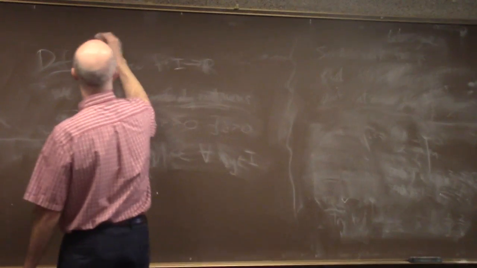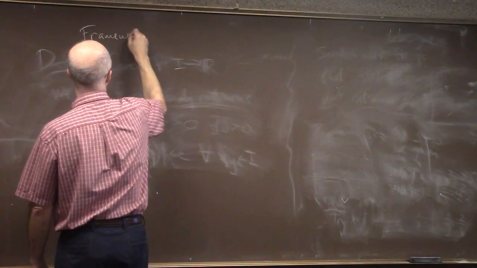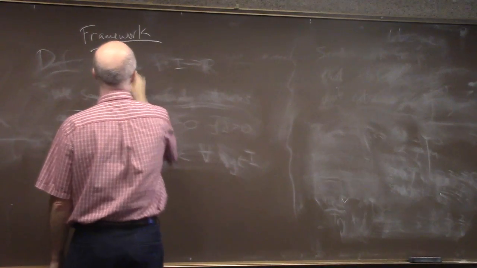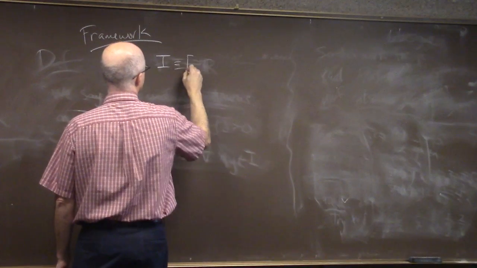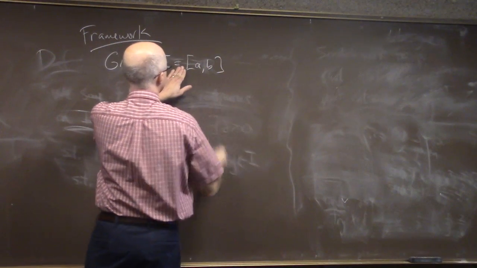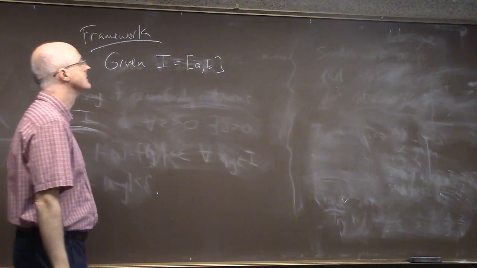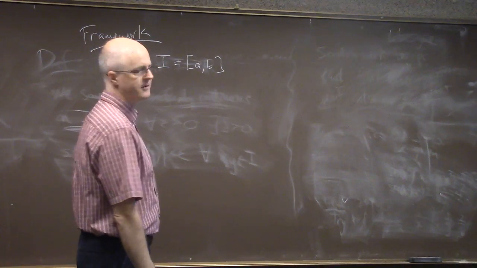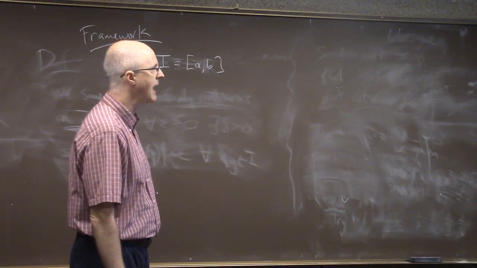So here's the framework: we're given a closed and bounded interval. Is this for both, or are we focusing? It's for both, really. I've got to first define the variation of a function, and then I can define what it means for a function to have bounded variation.